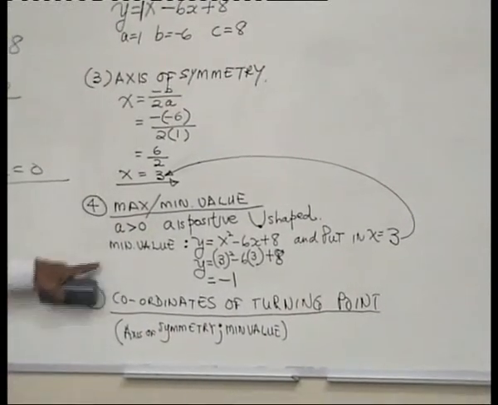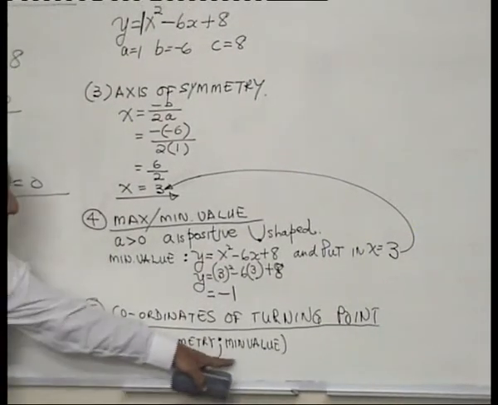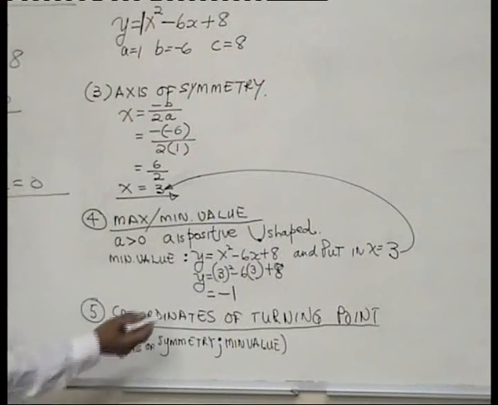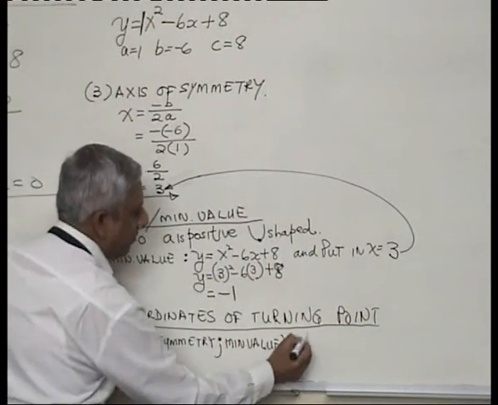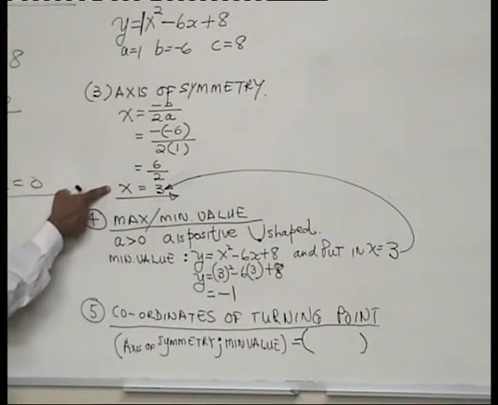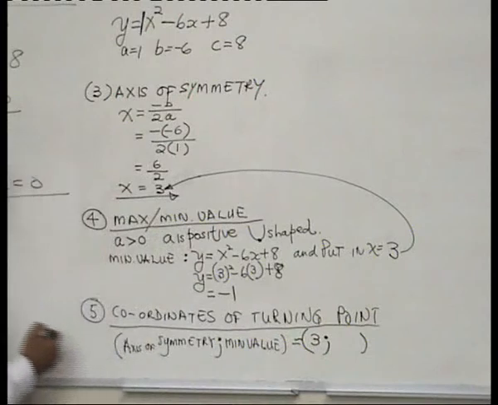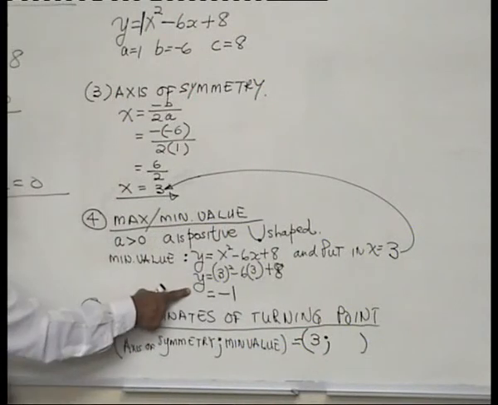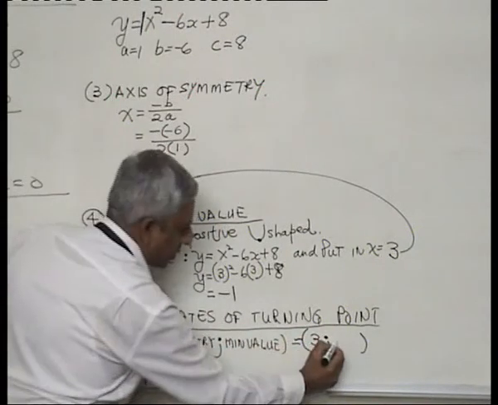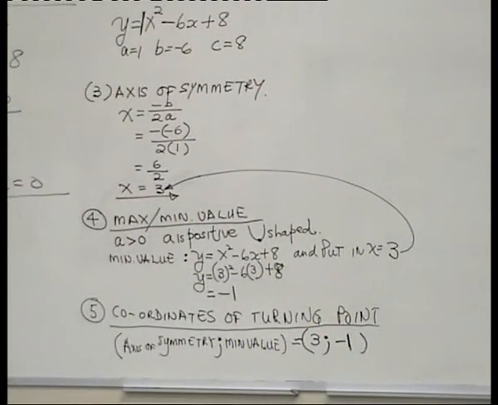In another example, if you've got maximum value here, then it will be axis of symmetry and maximum value. And therefore the answer here will be, the axis of symmetry is 3, so it will be 3, and the minimum value is minus 1. So we have the coordinates of the turning point.